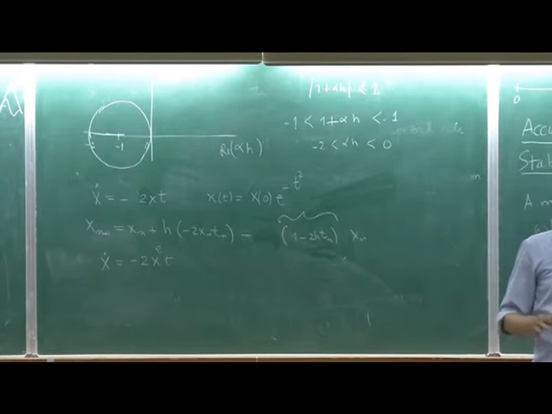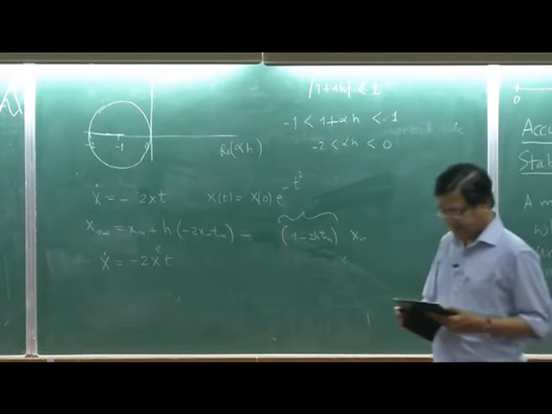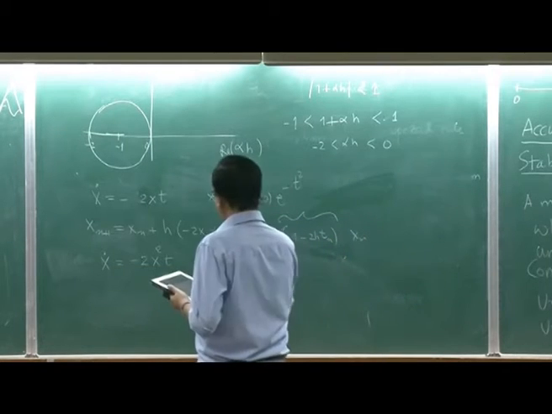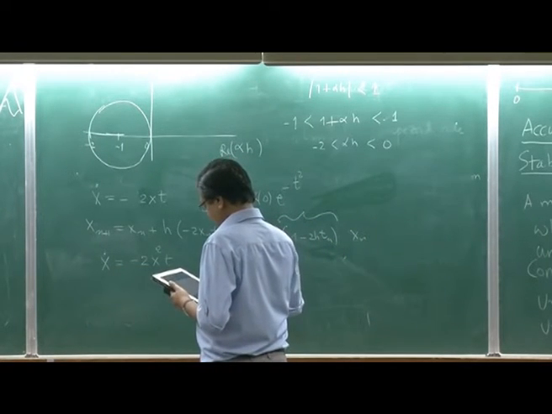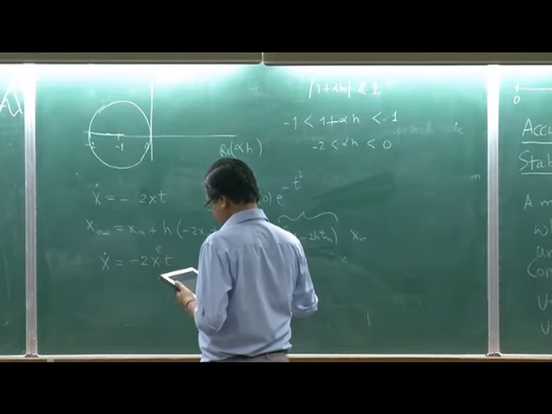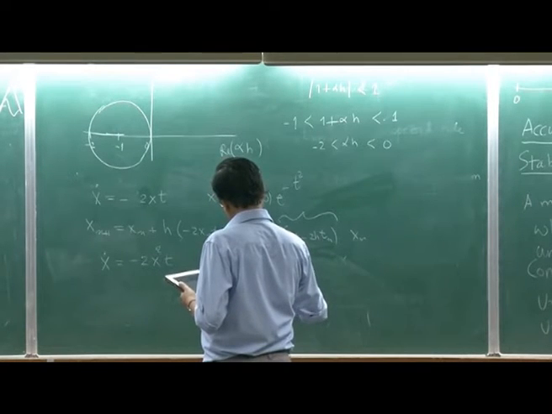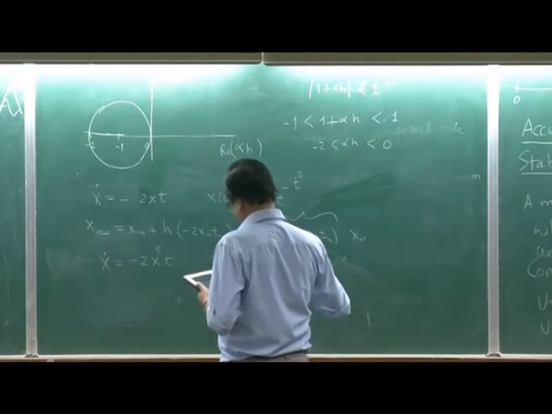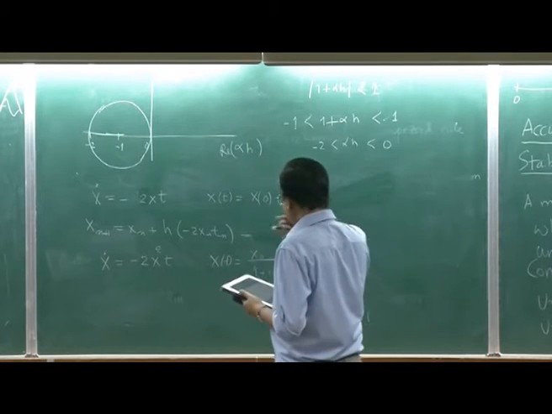First order ODE, there is a theorem. It could be very complicated, but you can always write it. You can integrate a first order equation. So this one, it turns out, has an exact solution. x(t) is x0 times exponential of minus t squared. Now what about the stability of this one?